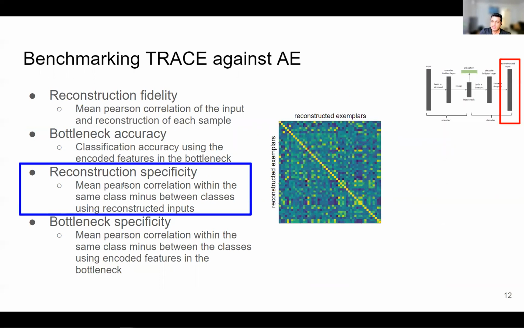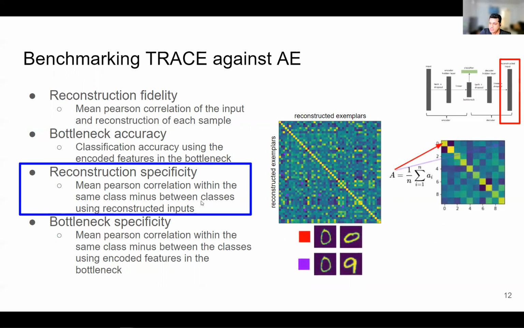We are looking at the reconstruction specificity, which looks at the reconstruction exemplars, and we are looking at the mean Pearson correlation within the same class minus between classes. So we have different instances of zero, and we look at the mean correlation of these different instances of zero, and that is the within class correlation. And we can look at the correlation between zero and all different other classes, that's basically the between class correlation.